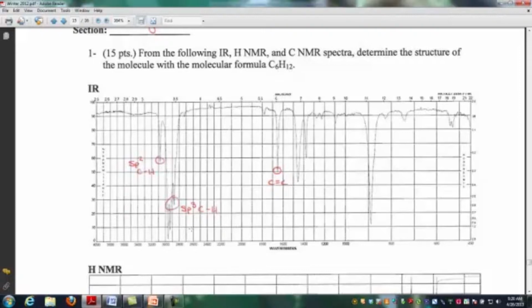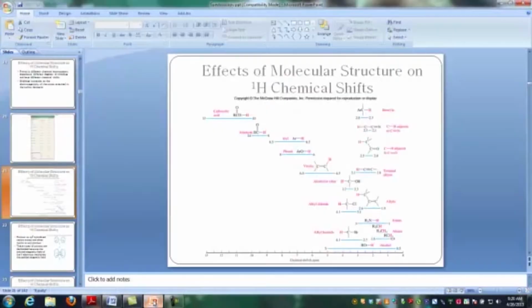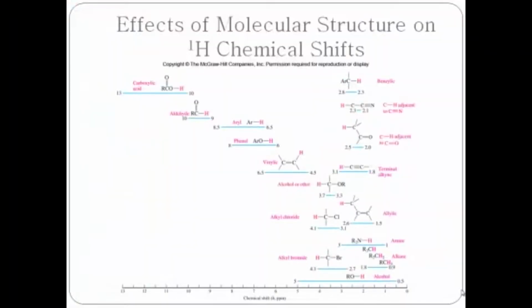So as I look at the proton NMR, I would want to be thinking about where would I find alkane and alkene type signals. So I have come back here for a second to the PowerPoint slides that I gave you. This is the chemical shifts chart.